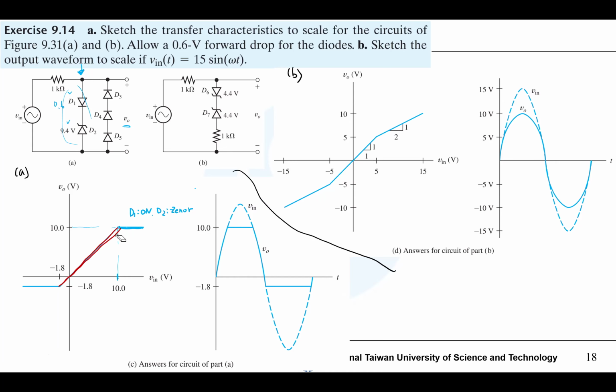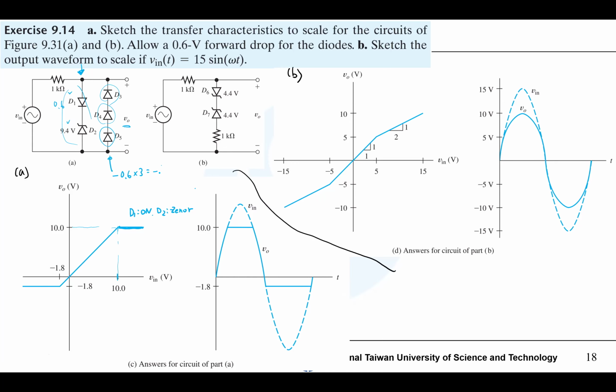Before we draw this segment, let's look at the condition under which we can turn on the other branch. In this branch, you notice there are three diodes in series. It means to turn on this branch, we have 0.6 times 3. You need to provide 0.6 times 3.